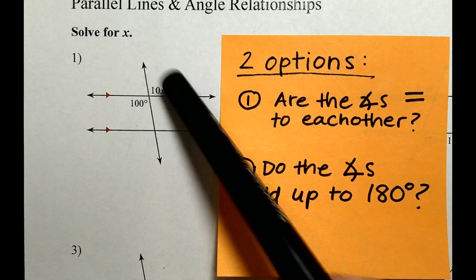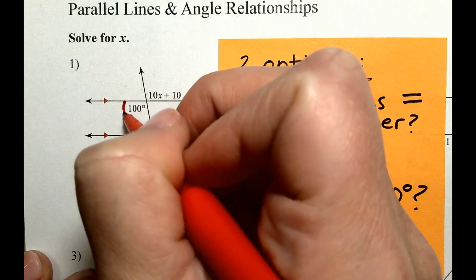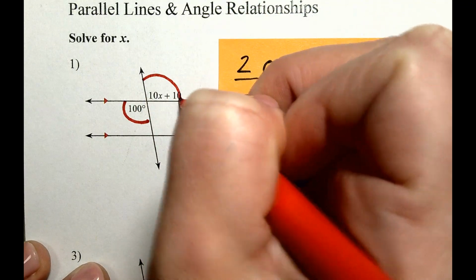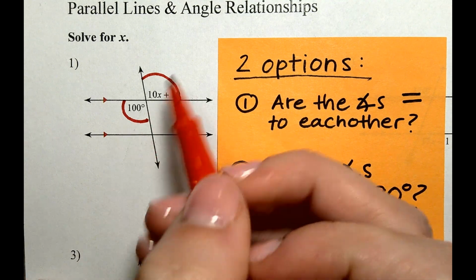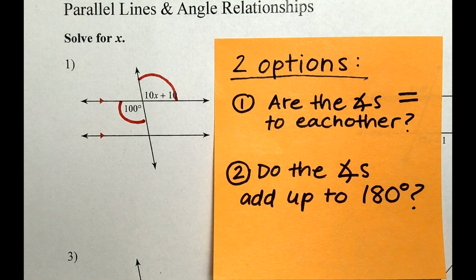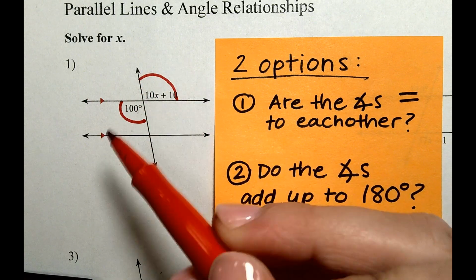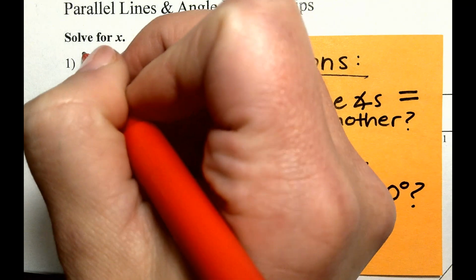The name of this relationship, we can write on this paper here, or we can make a note of it. First, I'm going to mark both angles with the same arc, because they're the same angle. These angles that are right across from each other, they're made up of the same two lines. They are called vertical angles.